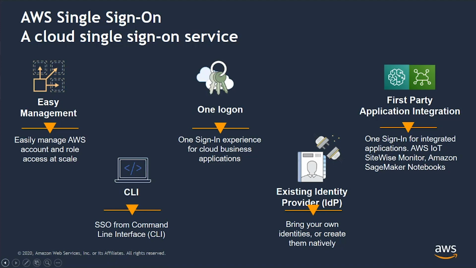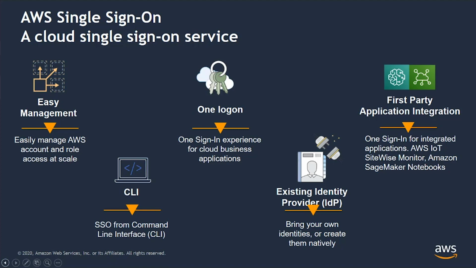So there's no conflict or having to choose between the two different methods of managing your access to AWS. It also integrates with the command line interface. So when using AWS CLI v2, you get direct integration with AWS SSO. So there's no more copying and pasting of your security credentials.